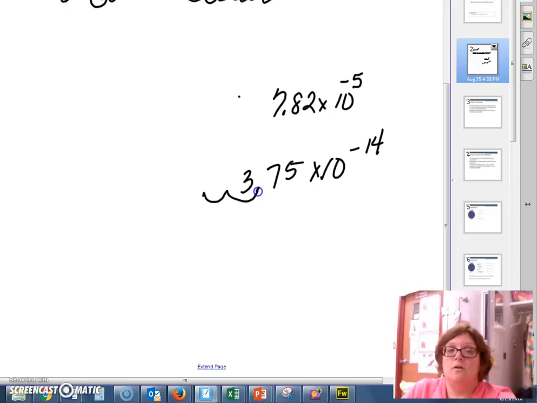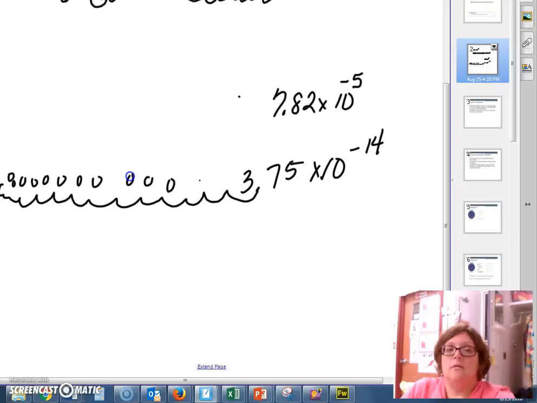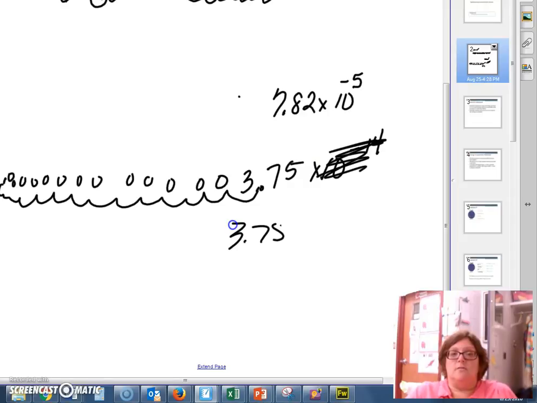There's 1, 2, 3, 4, 5, 6, 7, 8, 9, 10, 11, 12, 13, and there's the 14th spot. So a 0.0 in front of all those is the same as 3.75 times 10 to the negative 14.